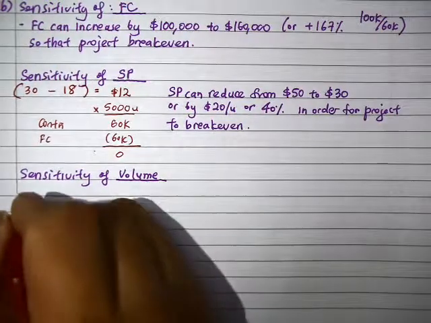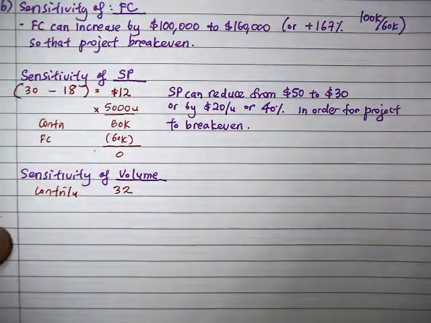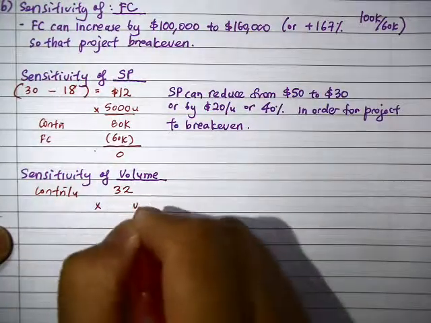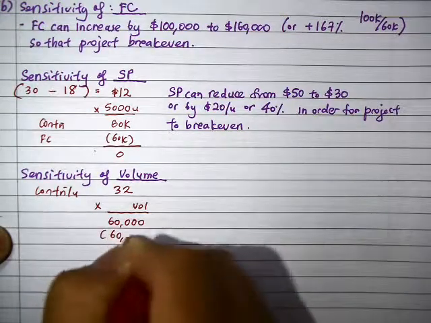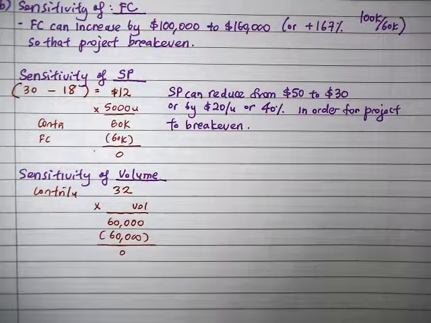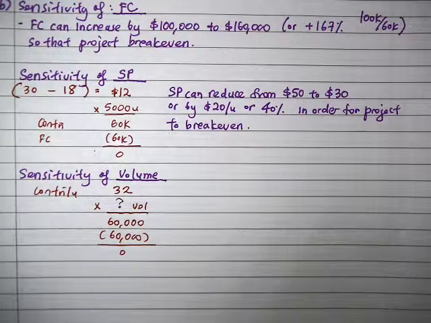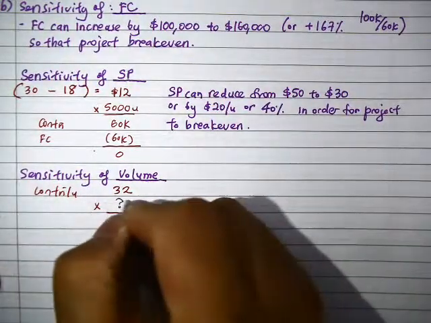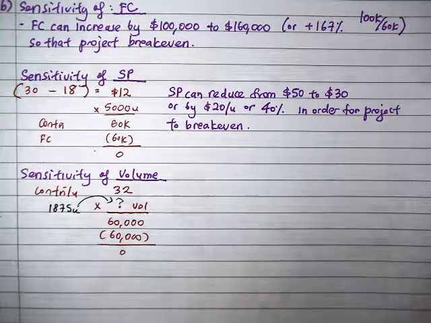So this time your contribution remains at 32. You multiply with your volume, you need to get 60,000. Then you minus 60, so your profit is 0. So what volume is this? You divide back, 60 divided by 32, we get 1875.